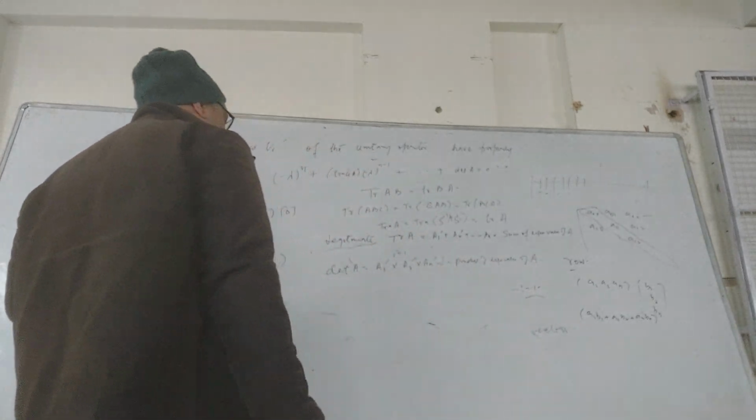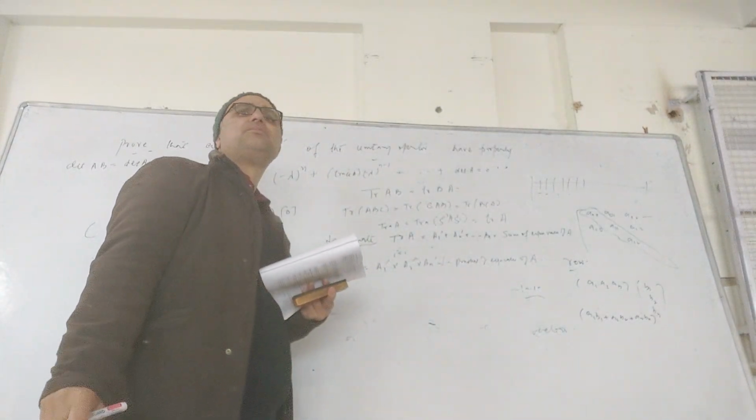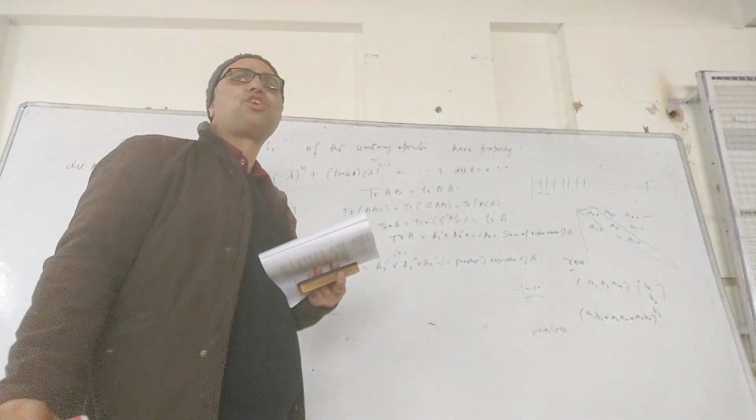And further, अगर हम इसको matrices को देखते हैं, you can see mathematical physics, Baker-Campbell-Hausdorff formula एक है.